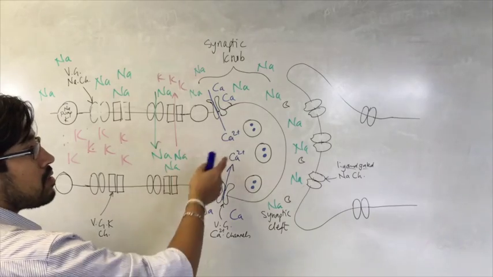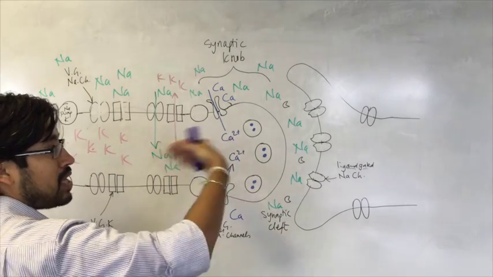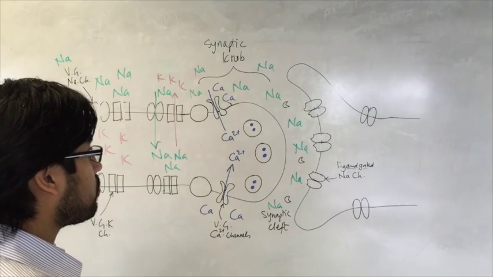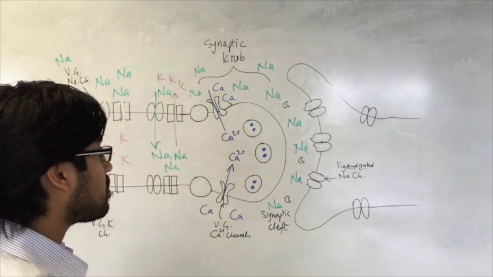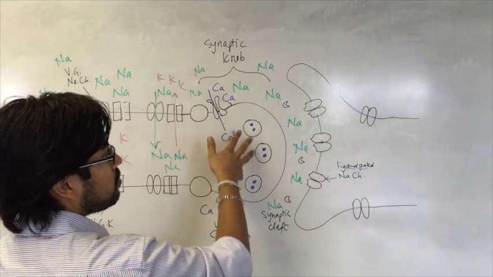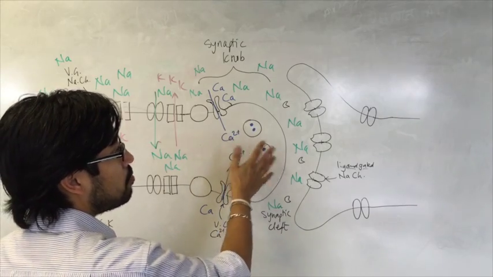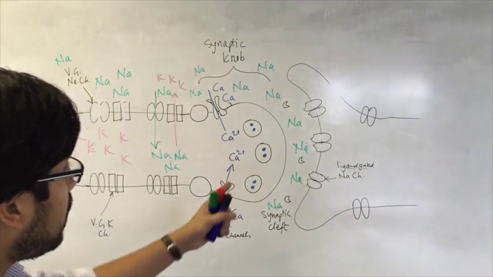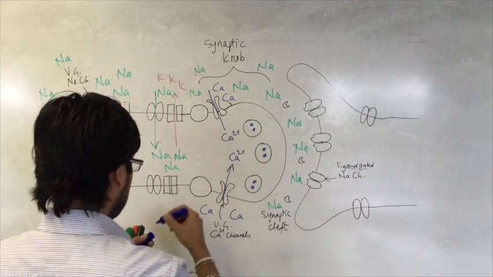Now when calcium ions come into the cell, they start a series of signaling reactions that causes these vesicles to move towards the membrane. Now, these vesicles, they're going to move towards the membrane.